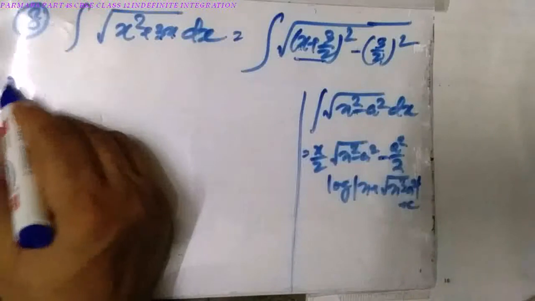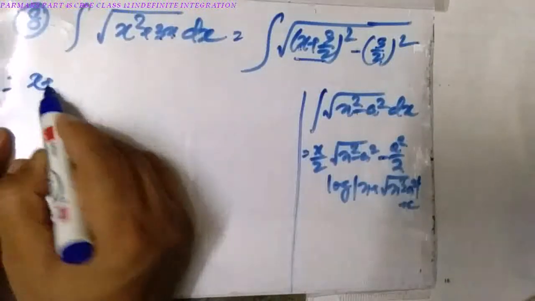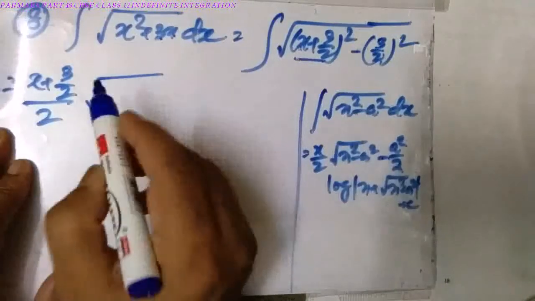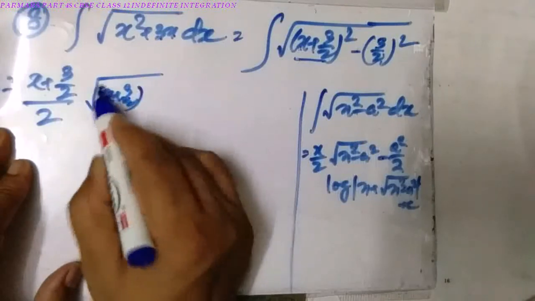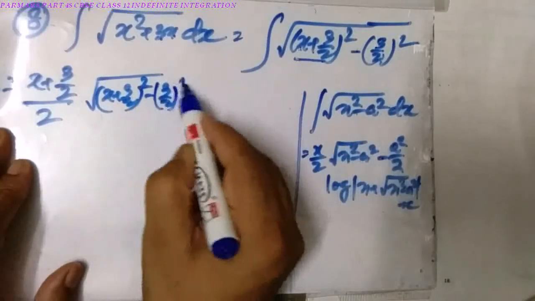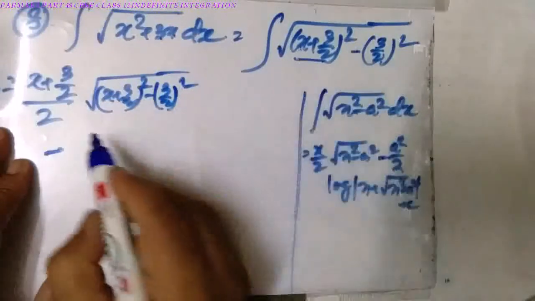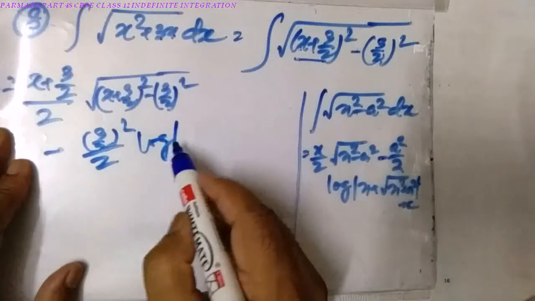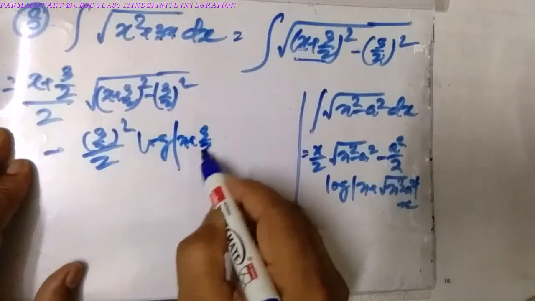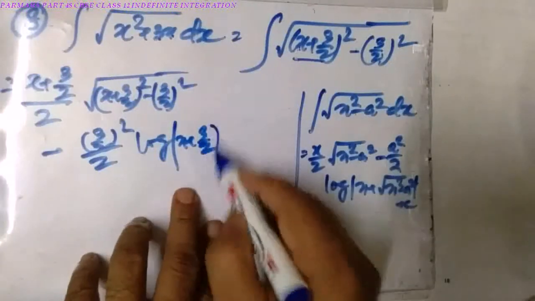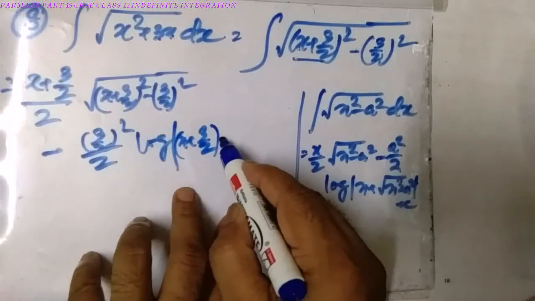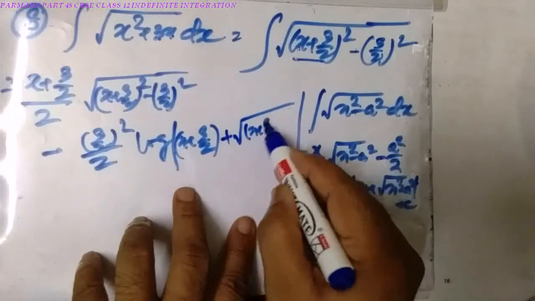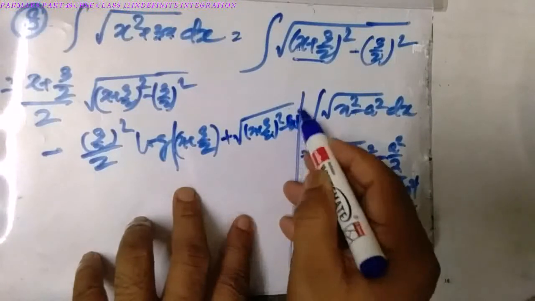So we can do it directly: in place of x by 2 we have x plus 3 by 2 and by 2 into root under x plus 3 by 2 whole square minus a square, minus a square by 2 log x, that is x plus 3 by 2, plus root under x square minus a square. रूट अंडर ये पूरा आप लिख दोगे, ठीक है, and plus c.